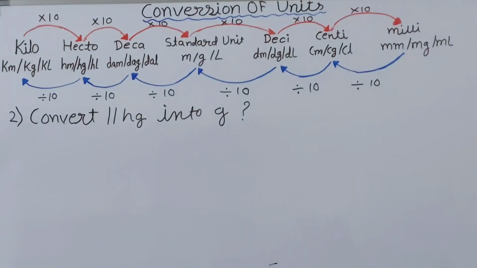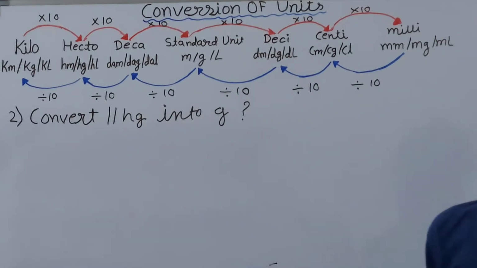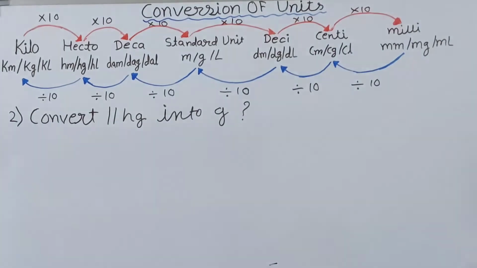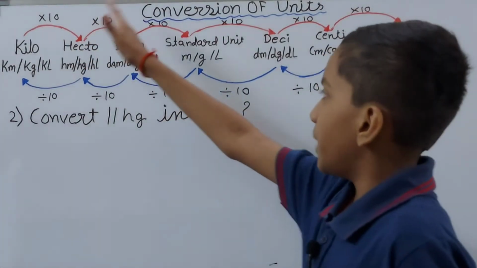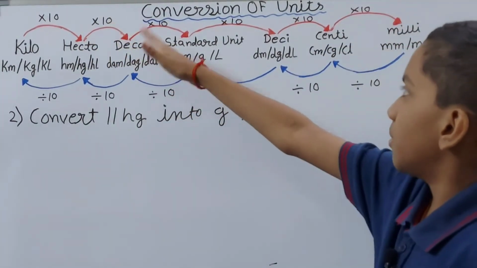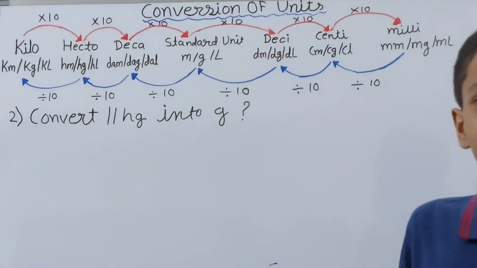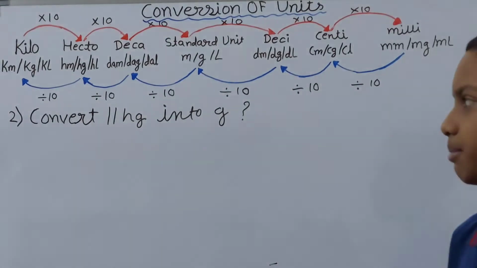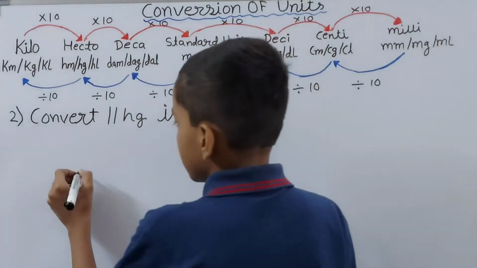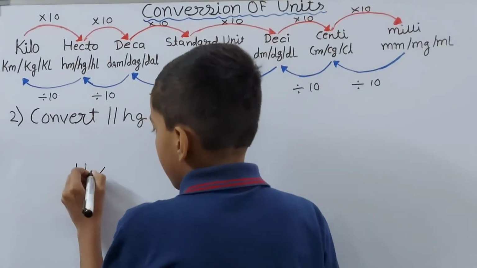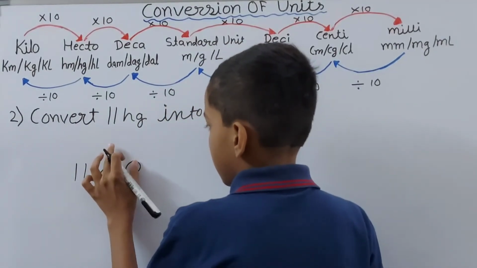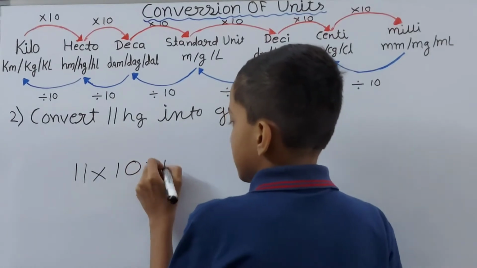multiply, yes. And now we have to count the number of times we are getting 10, with which we are going to multiply, as I told you. So see, from here to here 1 time and from here to here 2 times. That means we are getting 10 two times. So the last and simple step is to multiply. So we are going to multiply 11 by 10 and this 10.